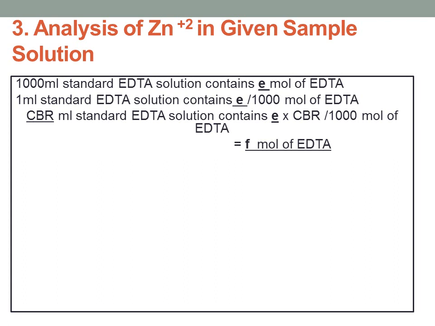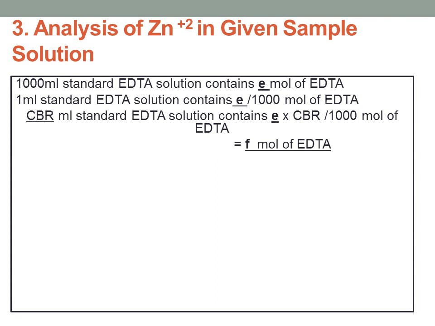Suppose your concordant burette reading is 12.0, then you will place 12.0 here. After calculation, E multiplied by concordant burette reading and divided by 1000, you are getting F moles of EDTA.